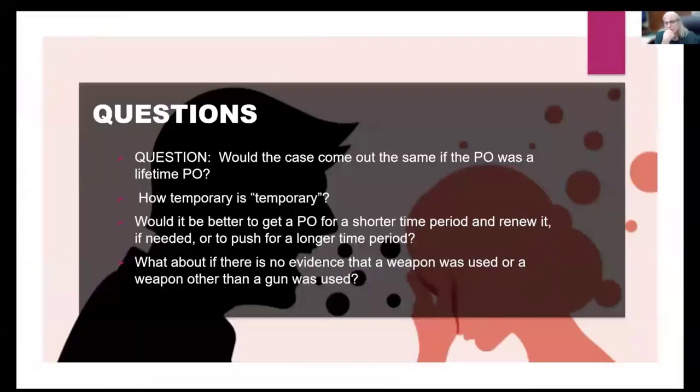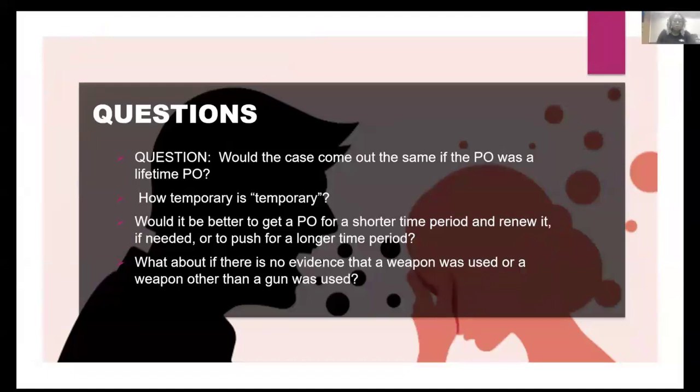Some of the questions that come up here that were not answered in Rahimi: would the case come out the same if the protective order was a lifetime protective order? How temporary is temporary?